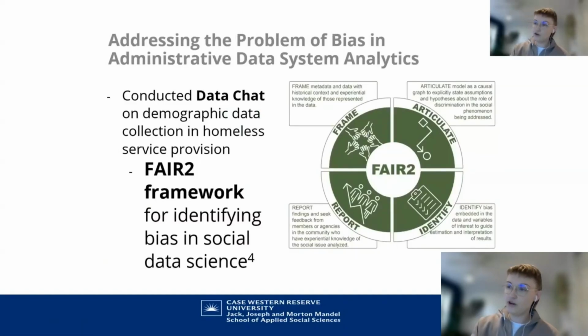What we did to try to look into this further is we conducted what we call a data chat, and we used the FAIR2 framework, which is a framework for identifying bias in social data science. So what a data chat is, it's like a gathering of people from the community who have lived experience with the data. So, they are represented in this data.